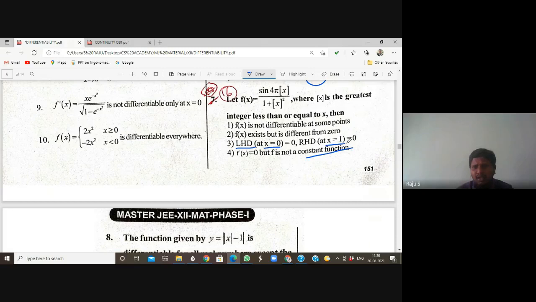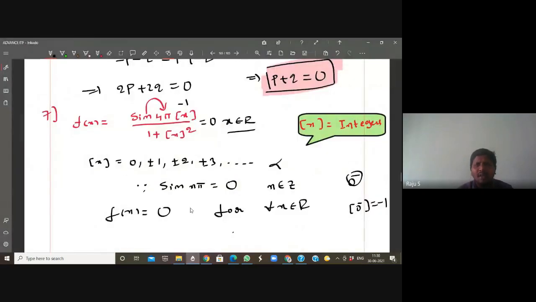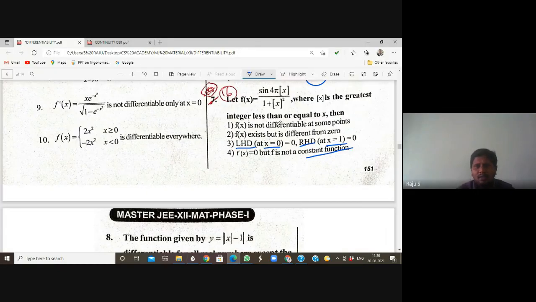And at x equal to 1, the right hand derivative at 1, the function value is always 0, whether at 0, 1, or 2. For every x value it is 0 alone, so the derivative is 0. So it is differentiable. They mention not differentiable at some points, no. So this is absolutely wrong.